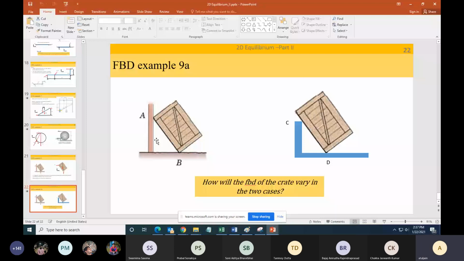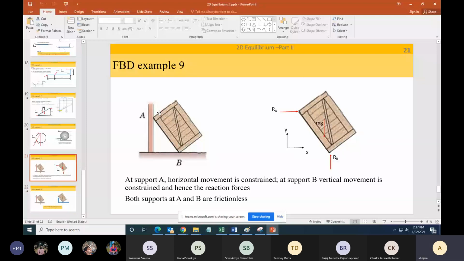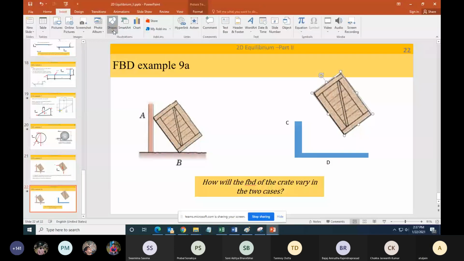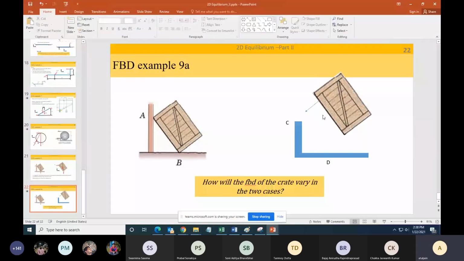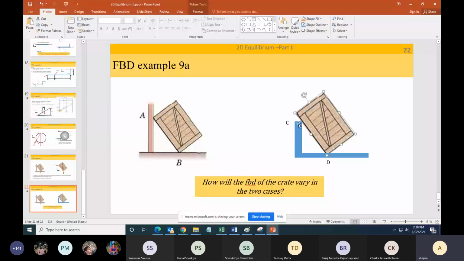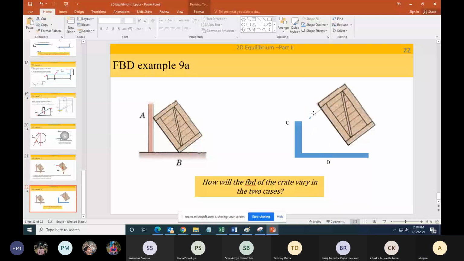For example, in this case, the wall is above this point A, so this reaction is normal to A. On the other hand, in this case, the reaction is going to be normal to my crate, because the crate is resting not at the tip of the crate, but the crate is extending far beyond the contact point. The one who is taller, the reaction force will be perpendicular to that. Clear?